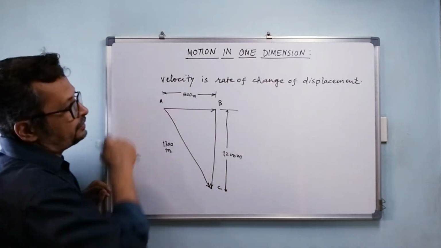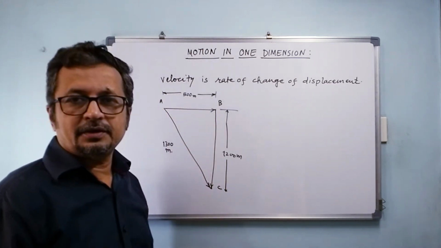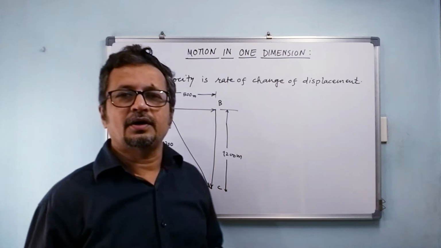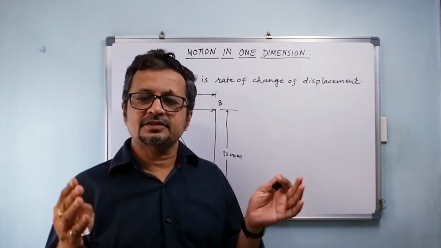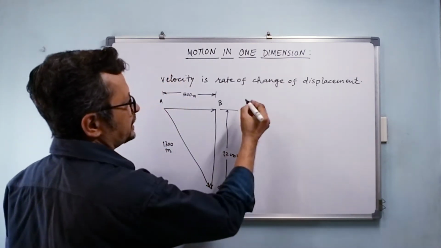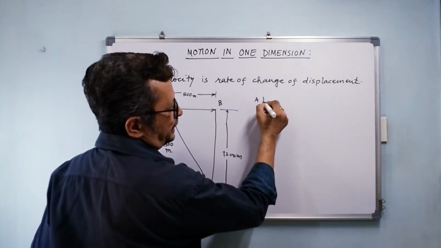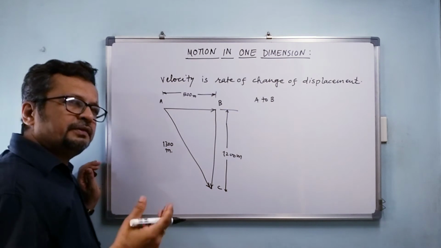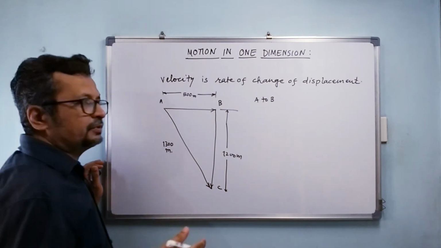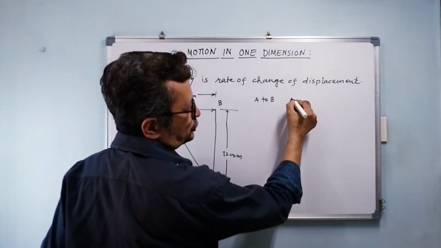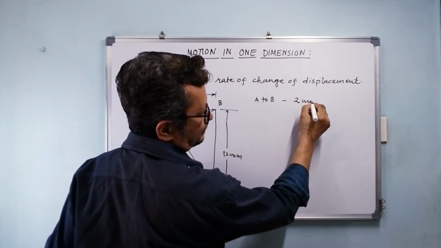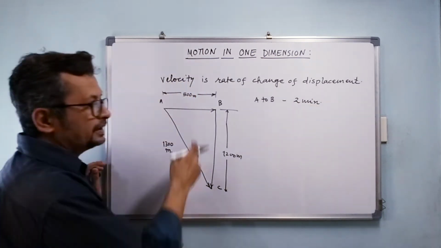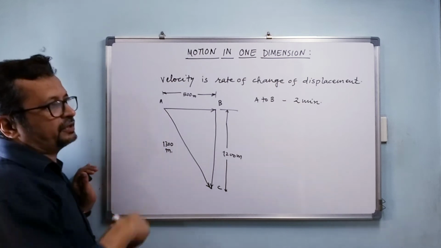Now from A to B, for covering that distance of 500 meter, how much time would it take? Would it be about 2 minutes? Okay, B to C, it's 1200 meter.